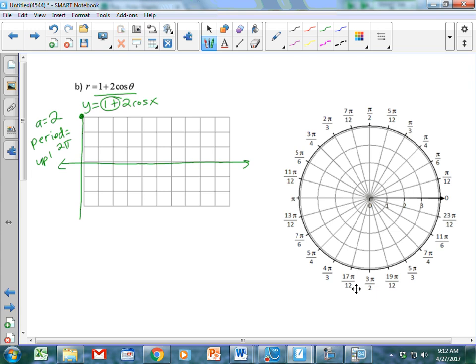All right. The next famous point should occur at pi halves, right? Pi halves, pi, 3 pi halves, and then we end at 2 pi, right? So if I input pi halves into this, what is the cosine of pi halves?